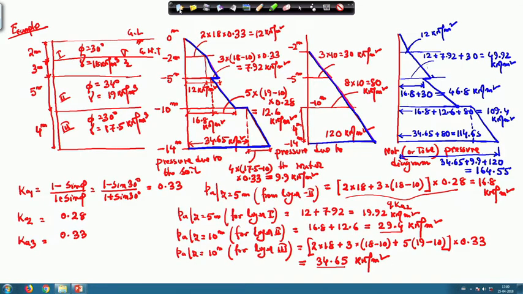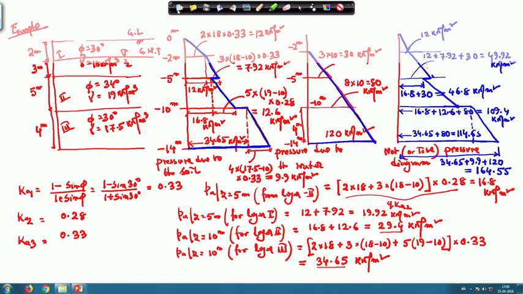Okay. So, this was the problem that we solved or discussed in the last class. I will consider this diagram, and then I will calculate the forces that come due to this pressure.